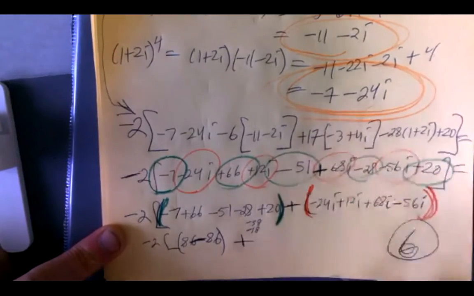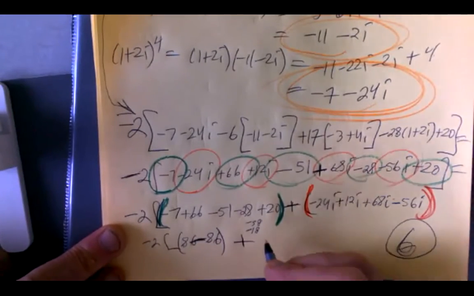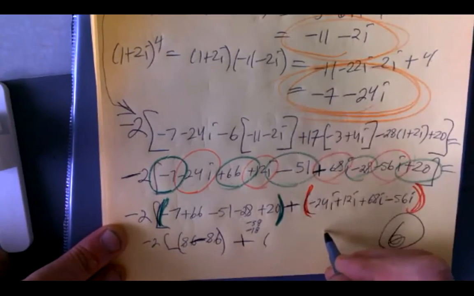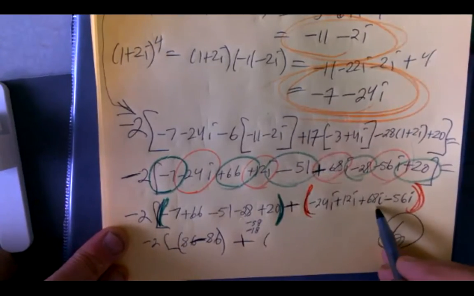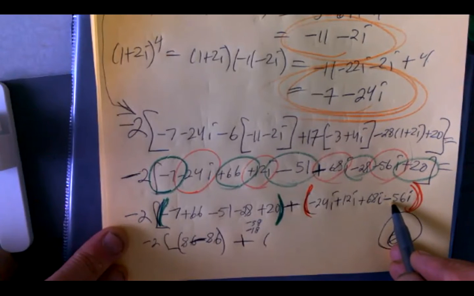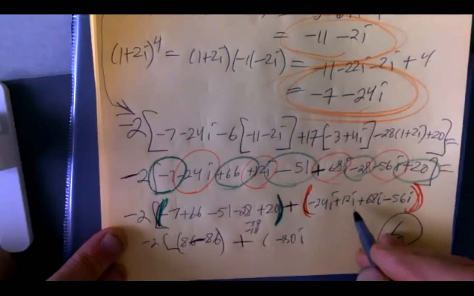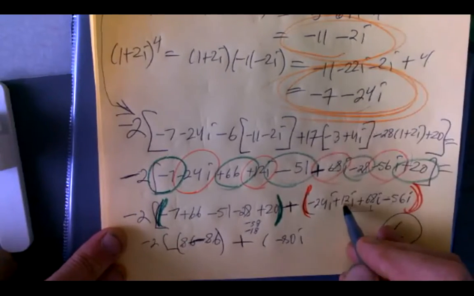So I'm going like a mile a minute here. I wouldn't go this. And then this one is, I'm just making it a little simpler, so the negatives, this is negative 80. 56 and 24 is negative 80i. And this is clearly 80i.